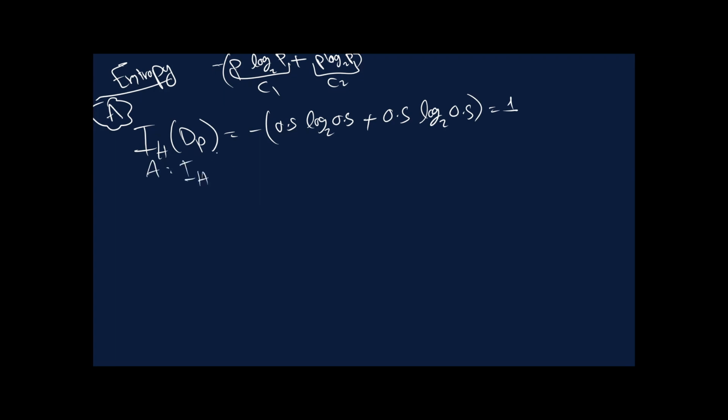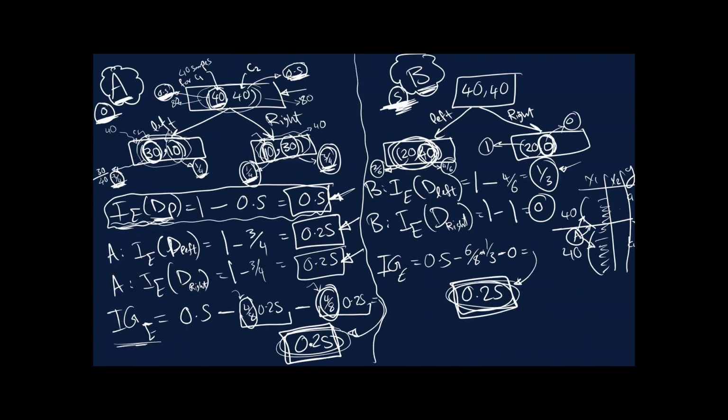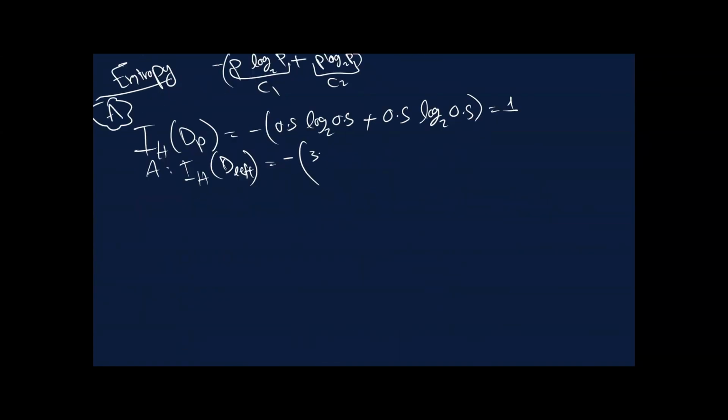for the left child. And here we had probabilities 3 over 4 and 1 over 4. So it would be 3 over 4 log 3 over 4, because that's p log p, plus 1 over 4 log 2, 1 over 4, and this will give us 0.8.